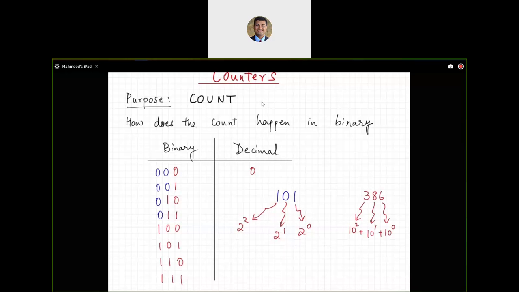So now to convert 101 to a decimal number system, we are going to multiply 1 with 2 raised to 0, and we are going to add that to 0 times 2 raised to 1, add that to 1 times 2 raised to 2. Those are 2 raised to 2, 2 raised to 1, 2 raised to 0.